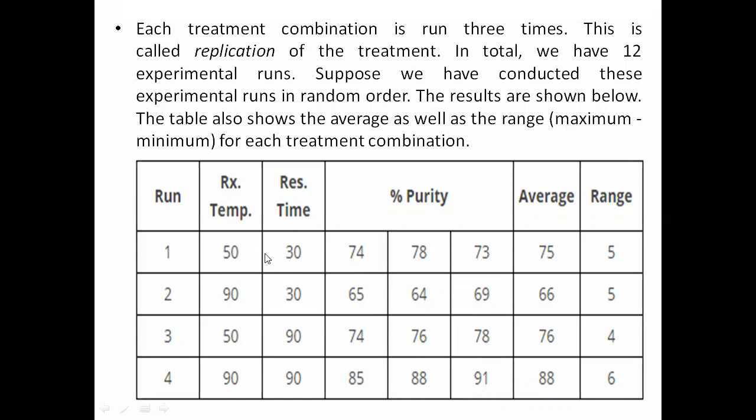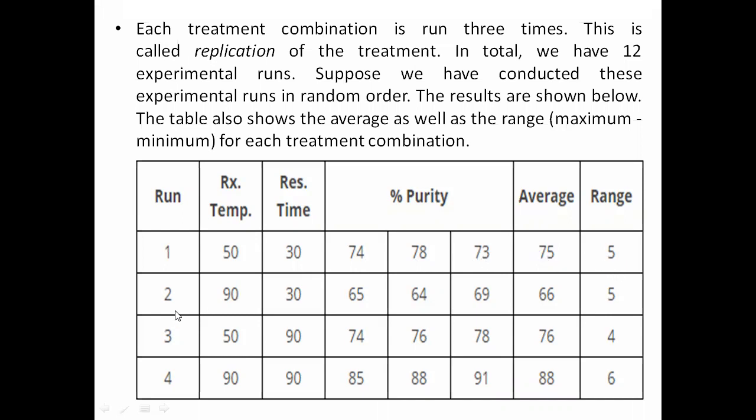With this condition, 50 temperature and 30-minute time, in the three runs we got 74 percent purity in the first run, 78 percent in the second run, and 73 percent in the third run. If you take the average of 74, 78 and 73, it comes to 75, with a range of 5.